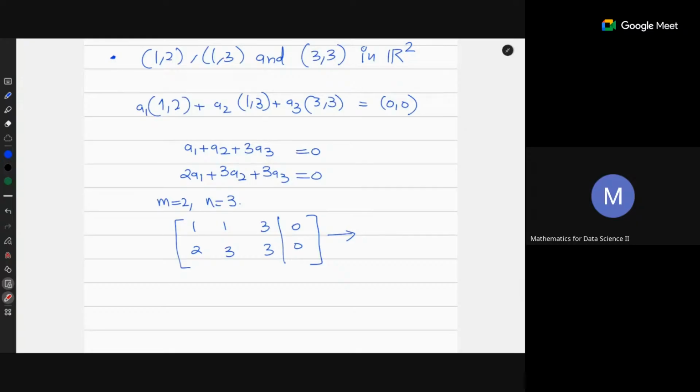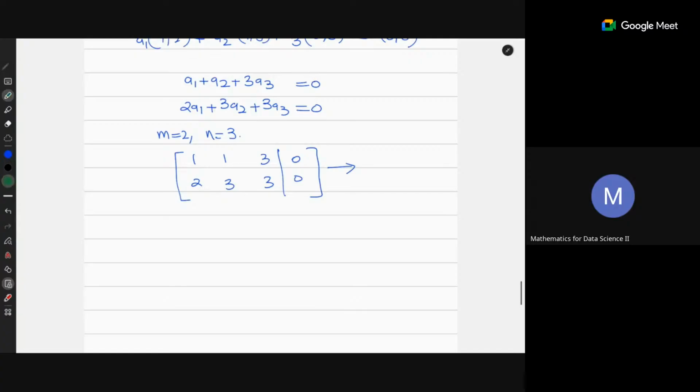So whenever the number of equations is lesser than the number of variables, there will always be an independent variable.